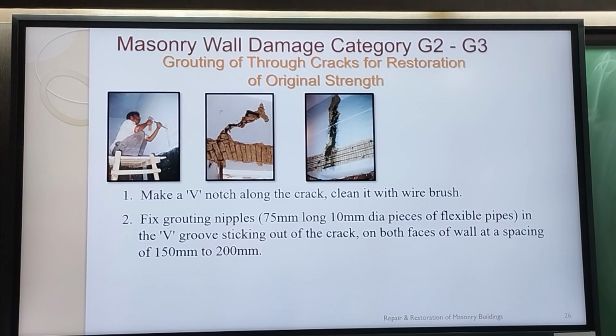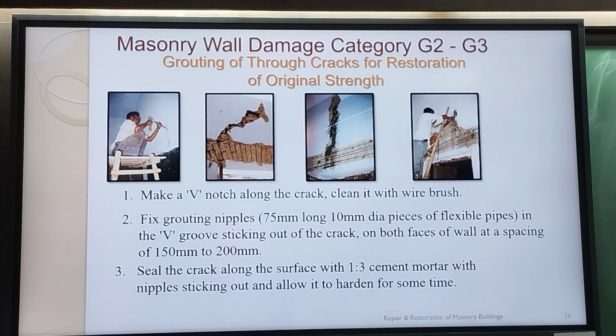Then you fix these grouting nipples. These are essentially small diameter flexible PVC tubes, about 75 millimeter or 3 inches long. And every 6 to 8 inches, or 150 mm to 200 mm, they are inserted in the wall, about half of them stuck in the wall.